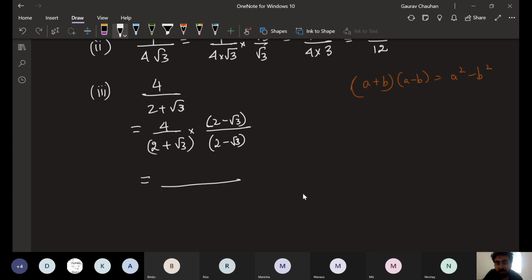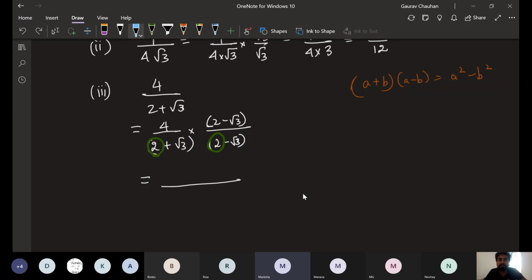And hence what happens in the denominator? Leave the numerator part. What happens in the denominator, Manisha? Can you do this here? Yes, sir. A plus b, a minus b is already there. See, this is a and this is b, and this is plus, this is minus.